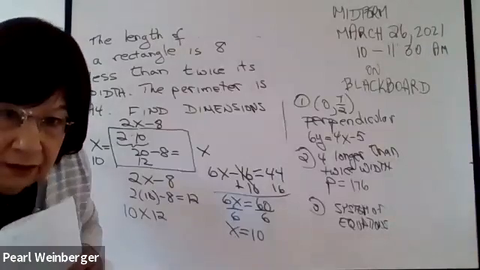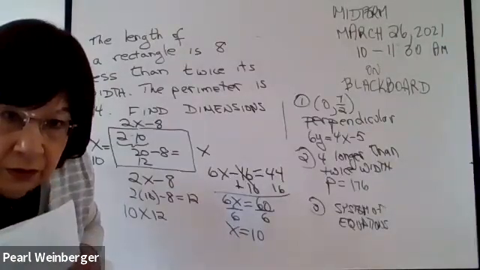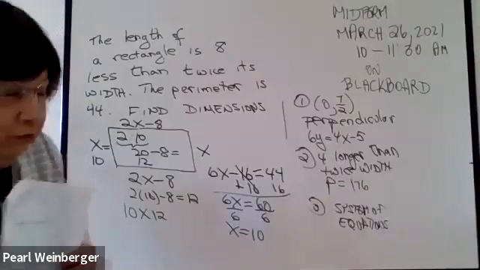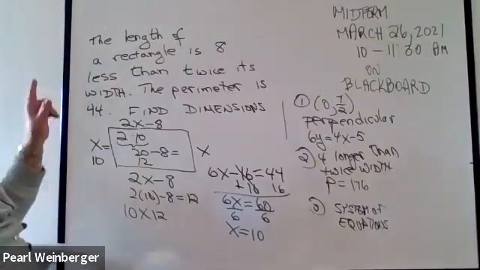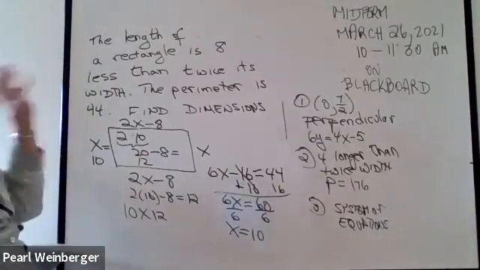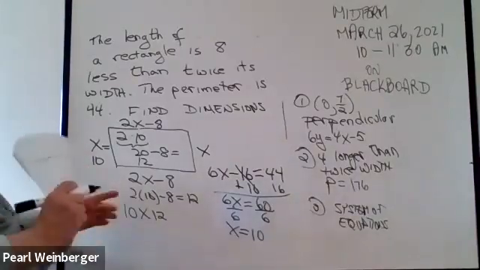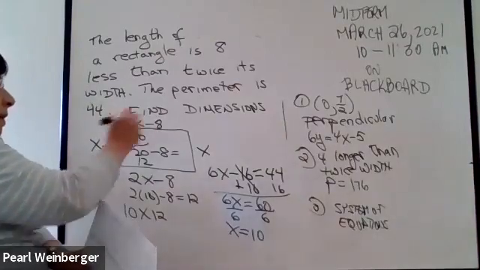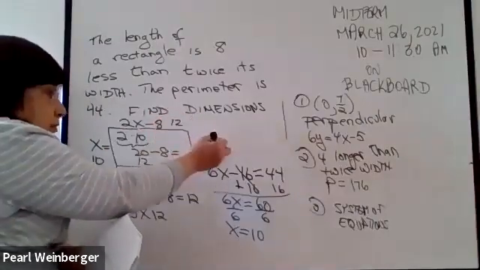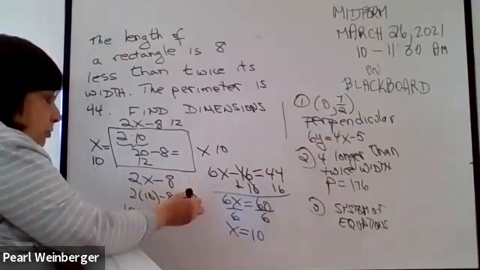Are you okay with that? How about the 44? Now add them all. The 44 it gave us the 44, so we don't have to put the 44, but you could check. This is 10, this is 12, this is also 10, and this is also 12.